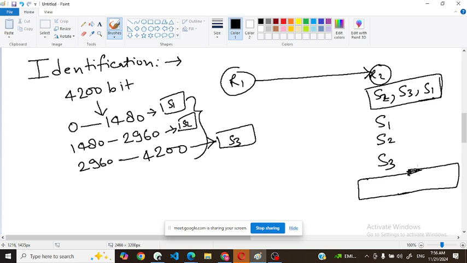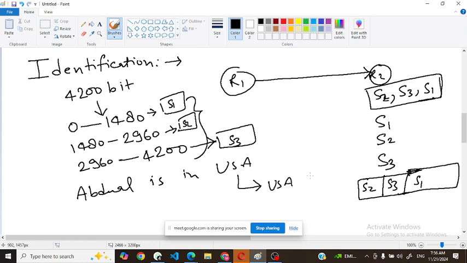Otherwise, if it arranges it in the same manner, S2, then S3, then S1, will it be meaningful? Suppose I am sending Abdul is in USA, and USA is reaching first, then is, then in, then Abdul.